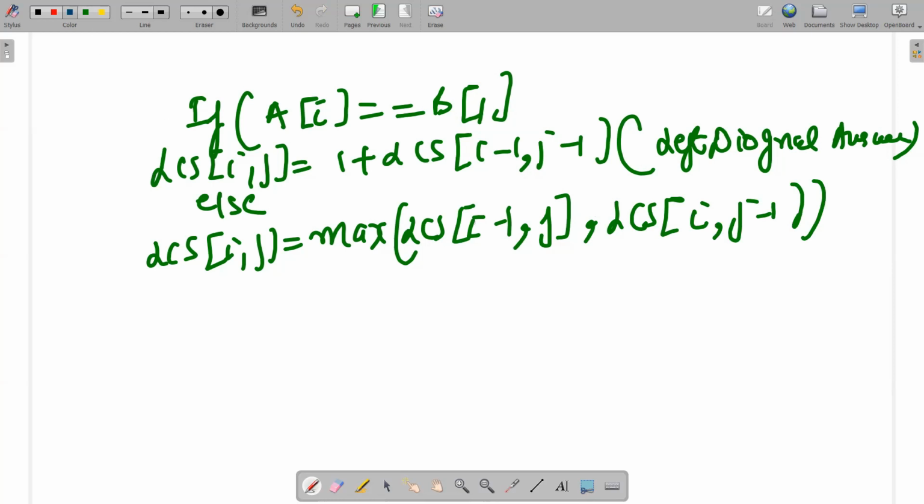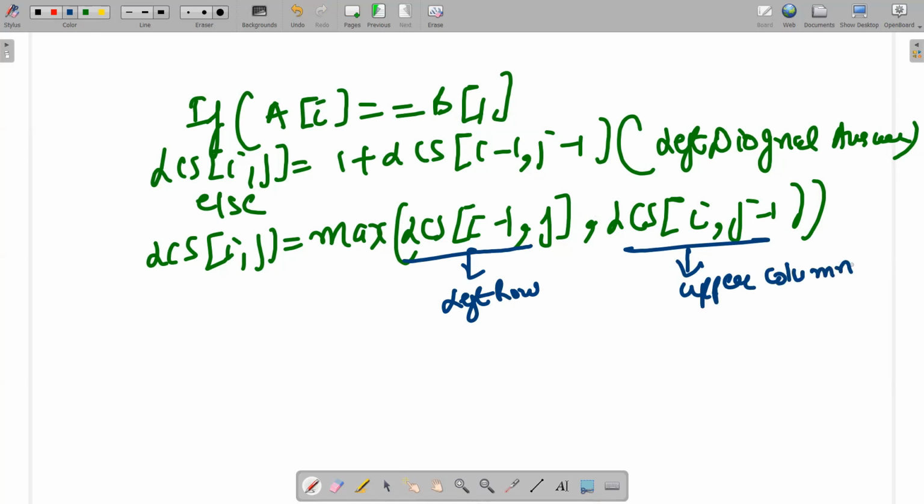This answer is left, and this answer is the upper column. So that's what we have to do.